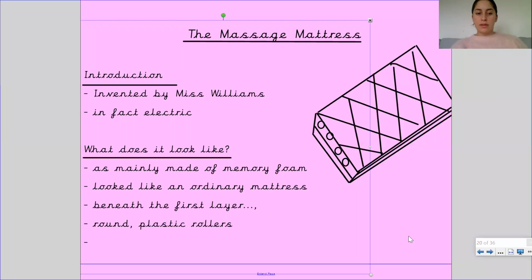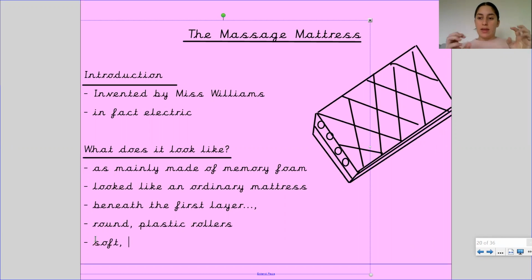And what else can I find underneath, beneath the first layer? I can find some vibrating cushions. Now cushions are normally soft. So I'm going to use another expanded noun phrase, and I can see that it's an expanded noun phrase because I've used two adjectives and a comma. I'm going to write down that you can also find soft.